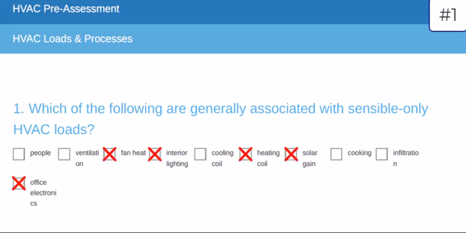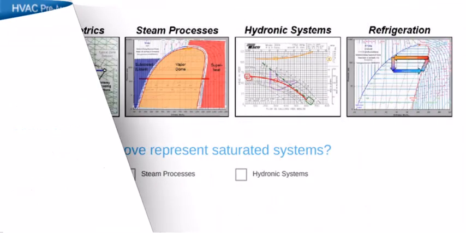So for things like a heating coil, whether that's preheat, heating, reheat, heat from electronics, whether that's HVAC fans or office electronics or lighting in a building, and for solar gain coming into a building, those really only ever have a sensible component to that load, unlike things like cooking, people, ventilation air, infiltration coming into a building. We would usually need to consider the sensible and latent component, which has a different set of equations when we start getting into psychrometric calculations.